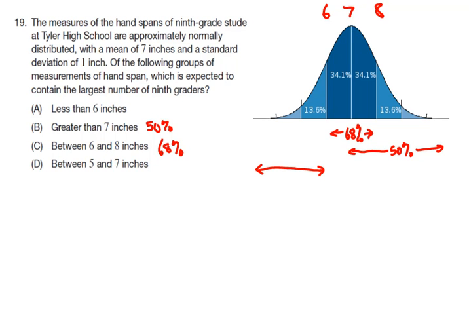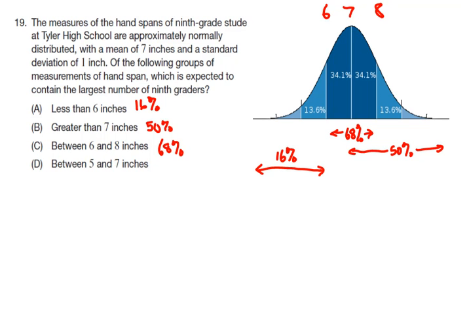So roughly you have 50% that's greater than 7 and about 34% that's between 6 and 7. So in that case you would have 84% is above 6, so less than 6 would be about 16%.